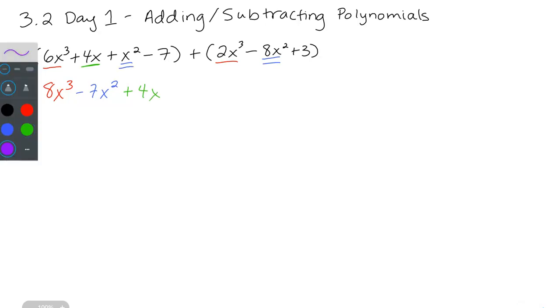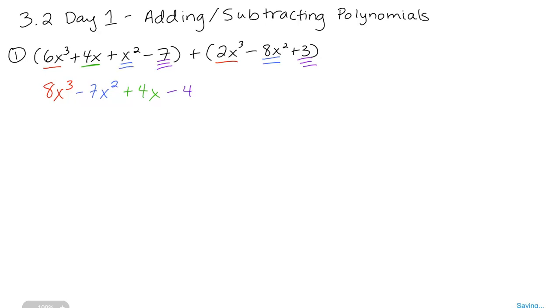And then my constants: negative 7 plus 3 is negative 4. So my final answer is 8x cubed minus 7x squared plus 4x minus 4.